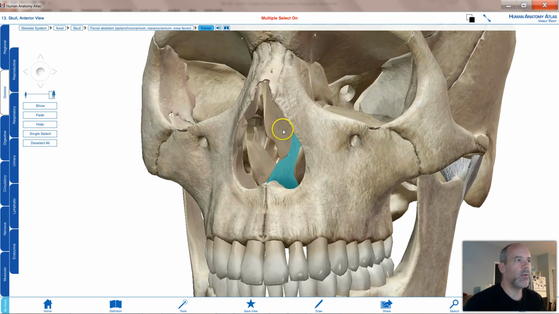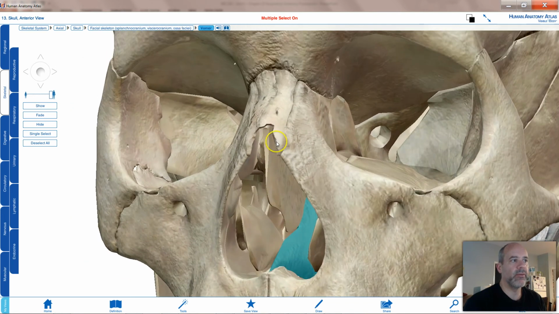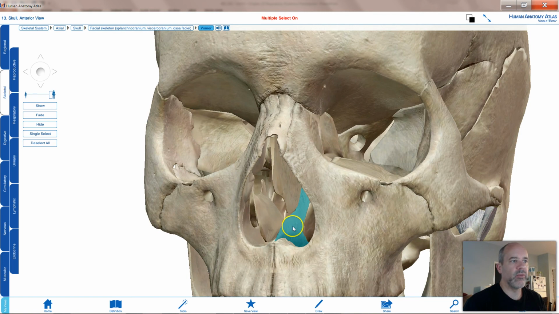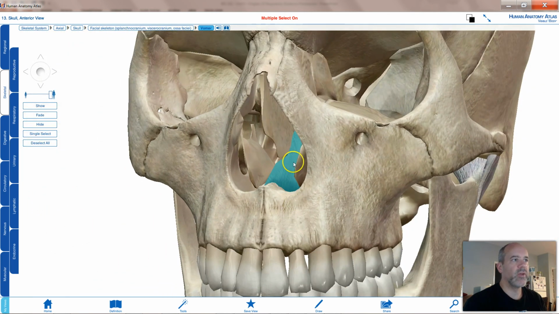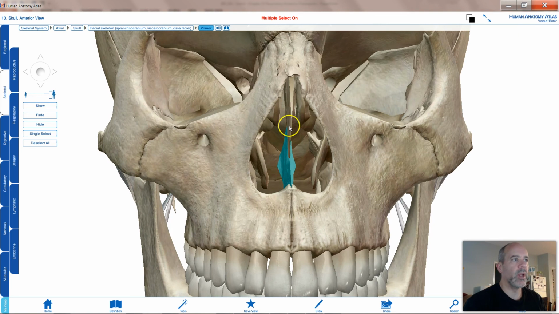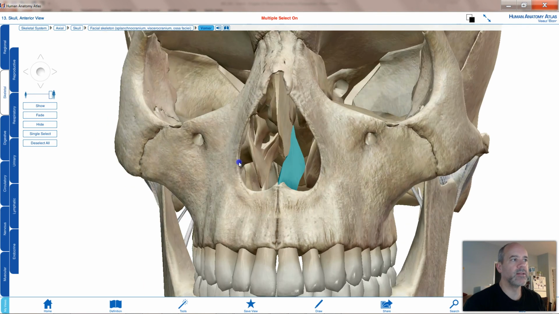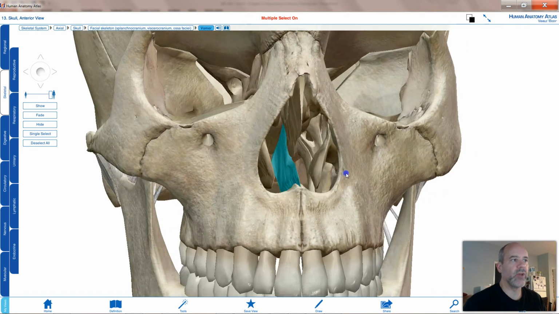The bony wall in here that is formed from the perpendicular plate of the ethmoid bone, that's what I'm clicking on and off. And this is your vomer bone that I'm clicking on and off there. Those two things together make up this bony wall that divides the nasal cavity into two parts. That's called the nasal septum.